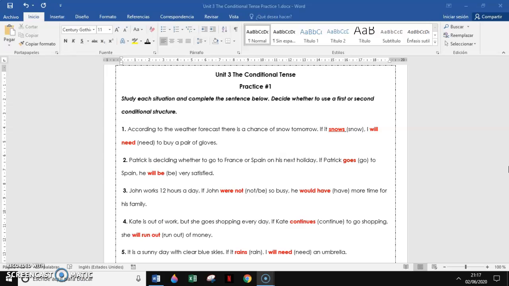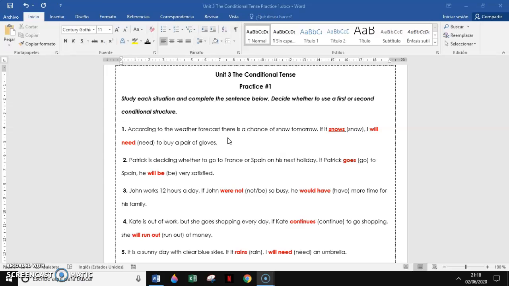So let's study these situations. Number 1, according to the weather forecast, there is a chance of snow tomorrow. Study this situation. Is this something that is likely to happen? Is this an imaginary situation? It is a real situation, right?